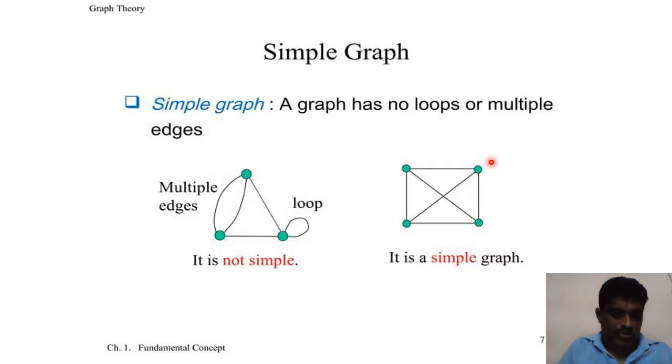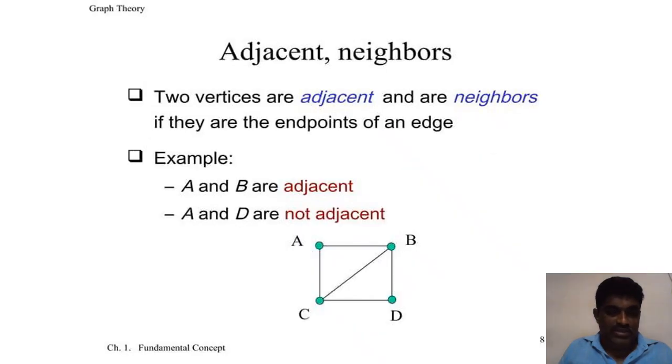And next, move to adjacency and neighbors. Now we need to talk about how the vertices and edges are related to each other. This brings us to important terms, adjacent and neighbors.